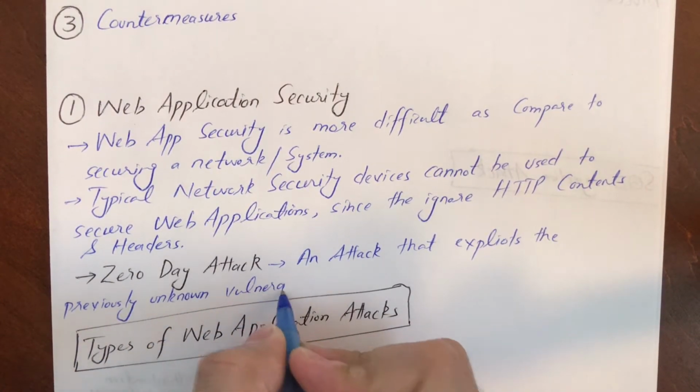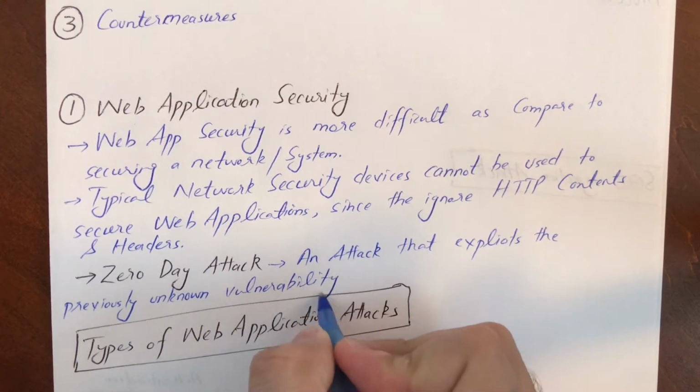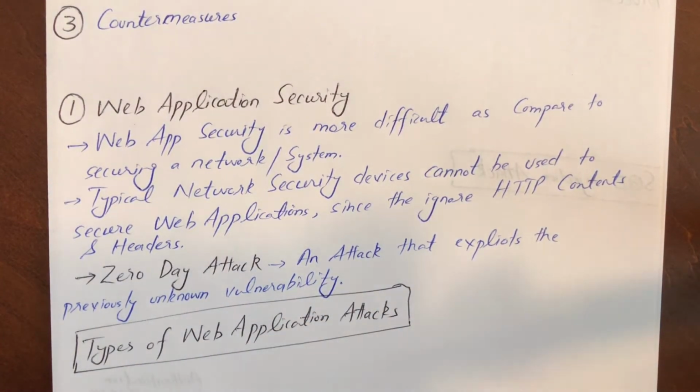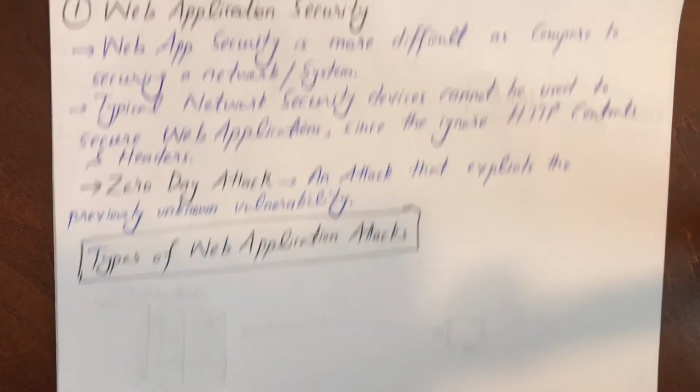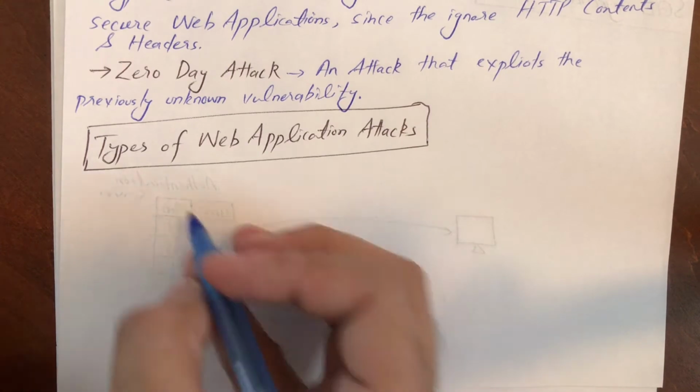So any attack which is previously unknown is basically called a zero-day attack, because the security administrators got zero days to protect themselves against that attack. So what we discussed, web application security is extremely challenging, since the typical devices or security tools ignore the HTTP content. Three types of web application attacks that we're going to discuss today.